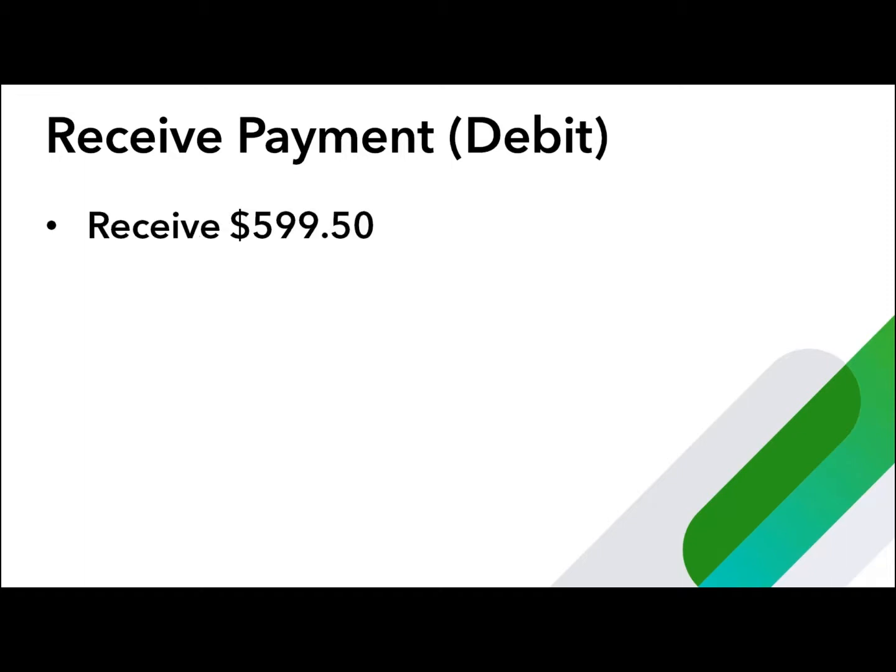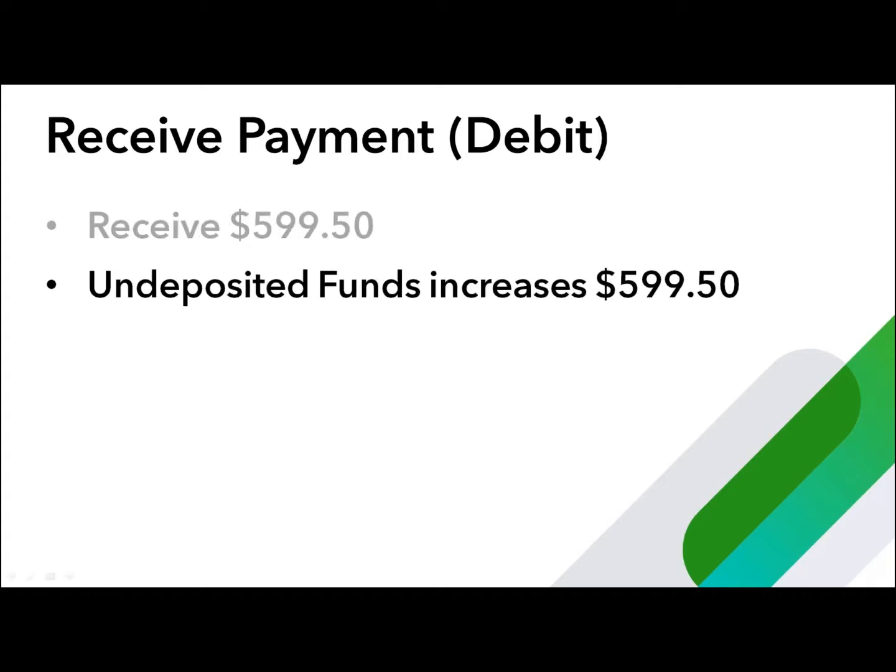The check is for $599.50. You don't take the money to the bank right away. Instead, you place it in a drawer, metal box, or on your desk with other checks you'll deposit later. QuickBooks has an account for this called Undeposited Funds. So, the Undeposited Funds account increases by $599.50.